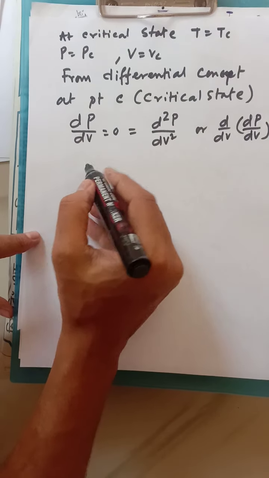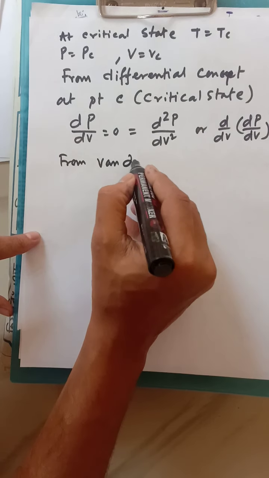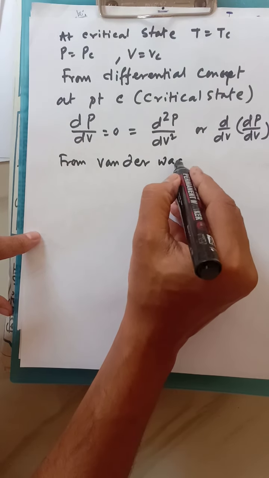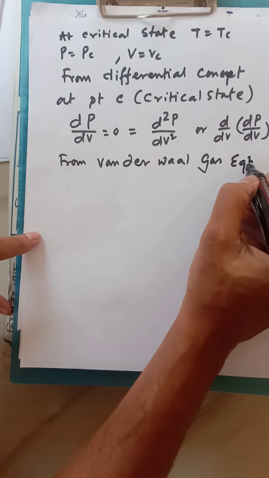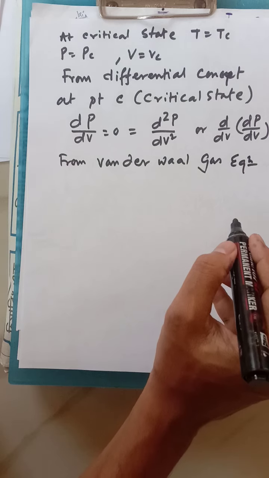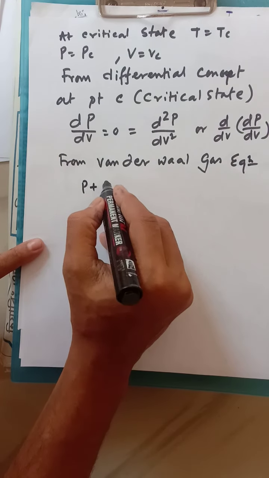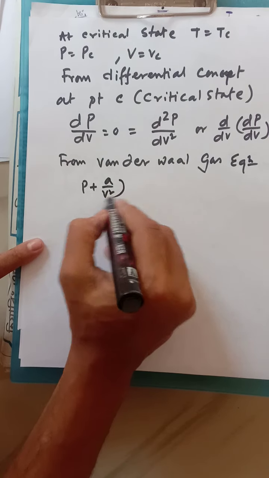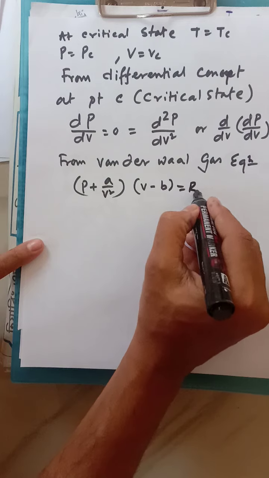Now from the van der Waals gas equation, we know (P plus A by V square)(V minus B) equals RT.